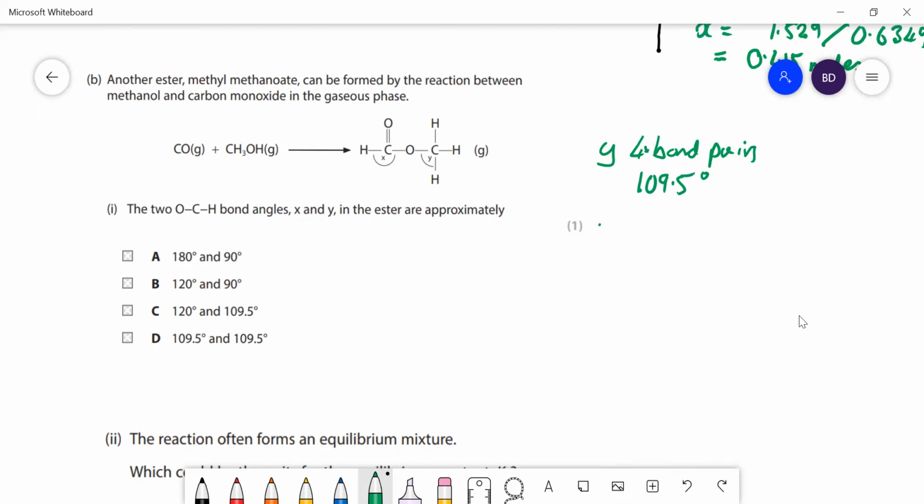Around X, well, you've got the double bond, you just count it as a single bond when you're working out shapes. So we've essentially got 3 bond pairs and no lone pairs. So that's going to be trigonal planar. So that's going to be 120 degrees. So here is our answer. It is C, isn't it?